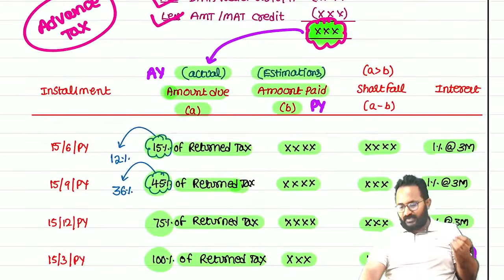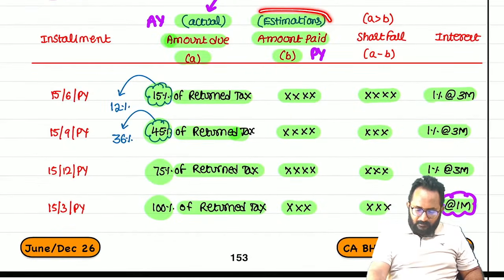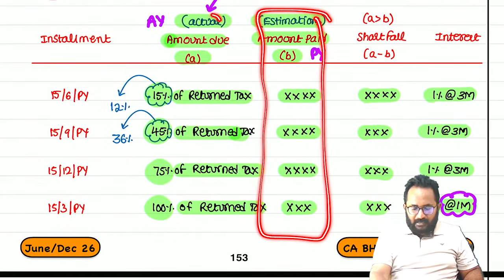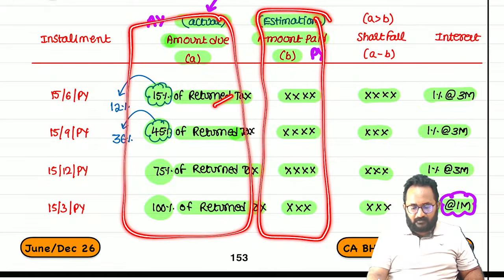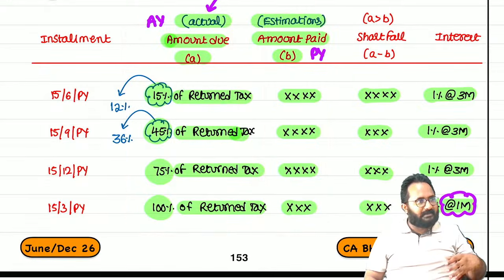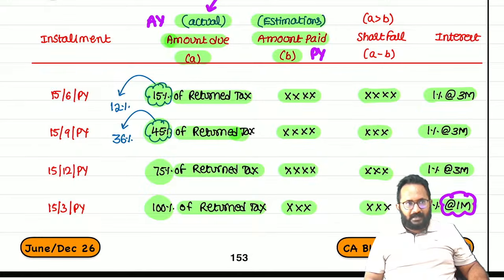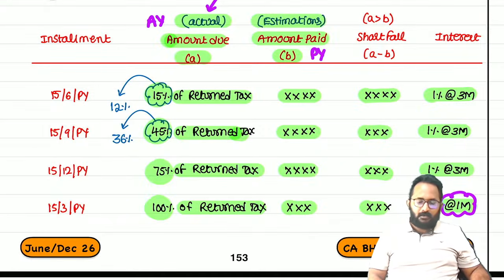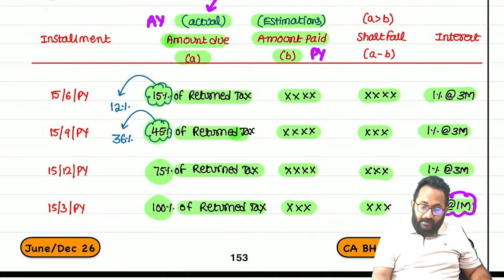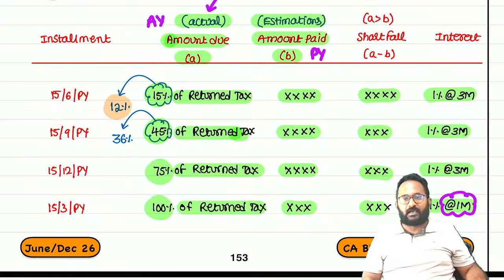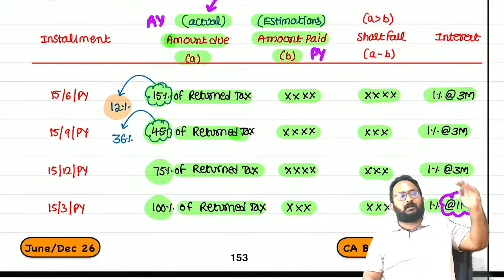How is this fair? Based on estimations I paid. Now you are comparing with the actuals in the return of income. How is it fair? That's why estimations are difficult in the first 2 quarters, right? Yes, that's why. If you paid at least 12% also, okay. No need to pay 15%.